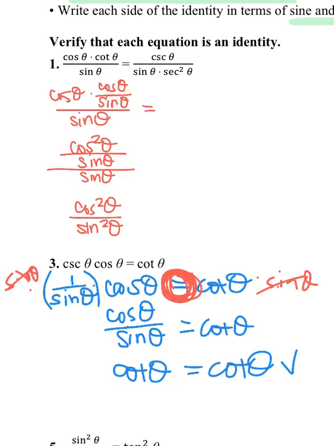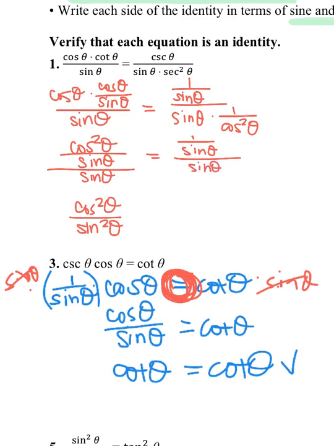So let's go ahead and do the same technique on the right-hand side. I'm going to write cosecant of theta as 1 over sine theta, and I'm going to write secant square theta as 1 over cosine square theta. Okay, and let's see what that comes out to be. I got 1 over sine theta over sine theta over cosine square theta.